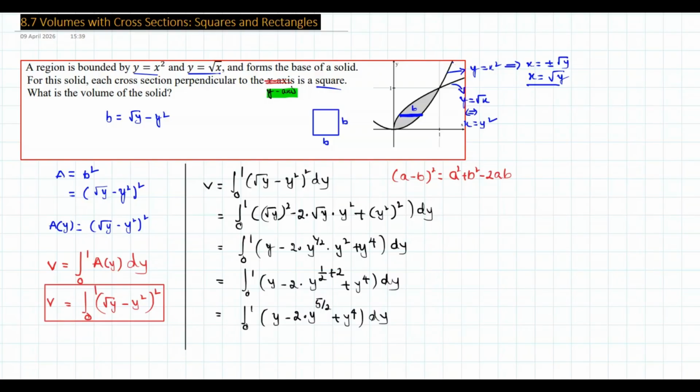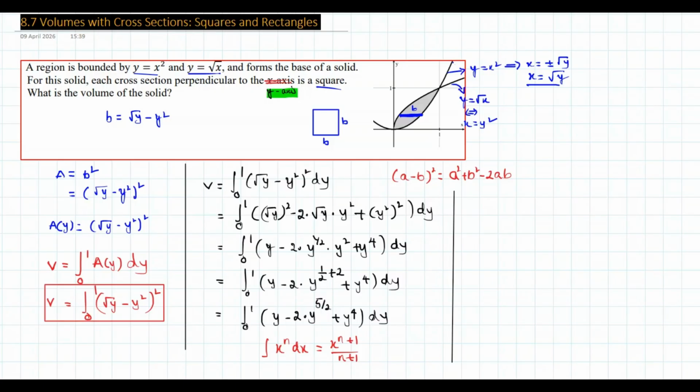Now here we can use the formula: the integral of x to the power n dx equals x to the power n plus 1 over n plus 1. If you take it with respect to y, the integral of y to the power n dy gives the same formula.